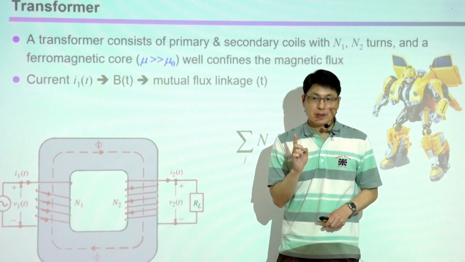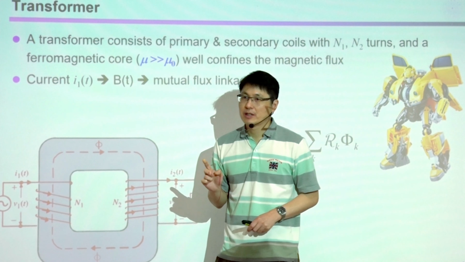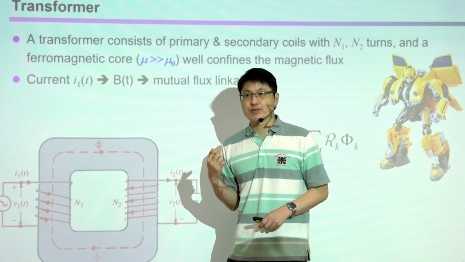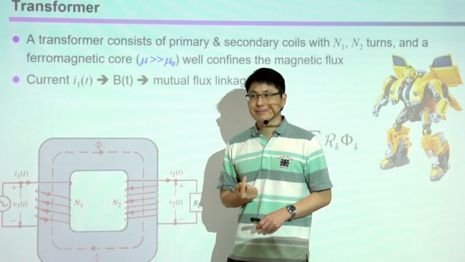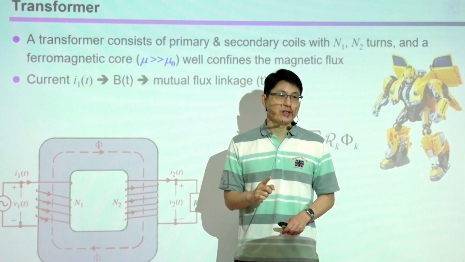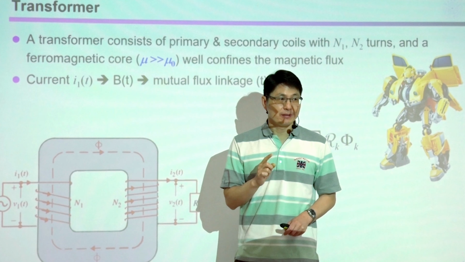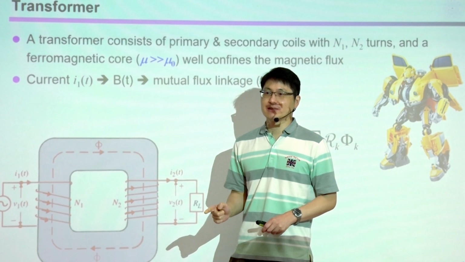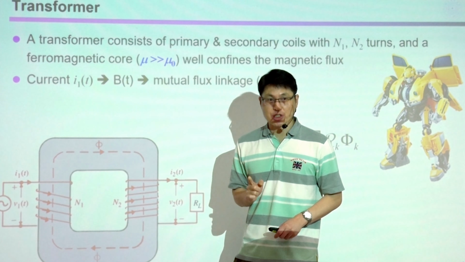Why? If you still remember, current comes in different directions, right? Once the current direction is determined, the resulting magnetic field line direction is also determined.